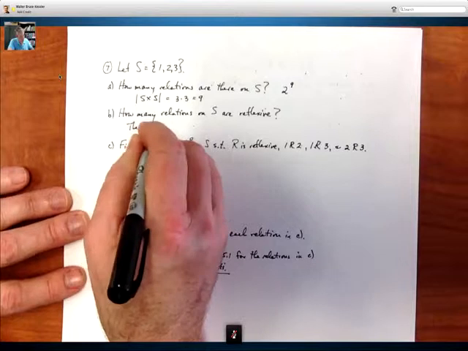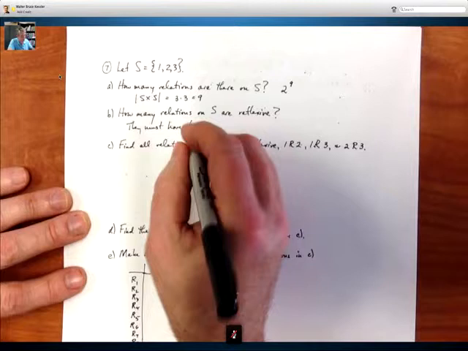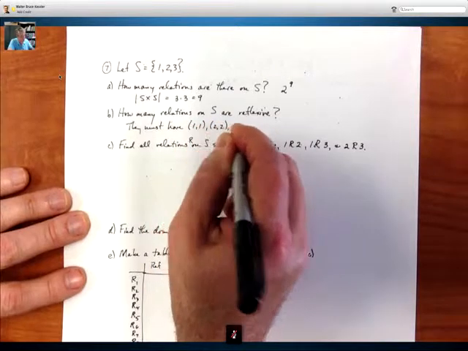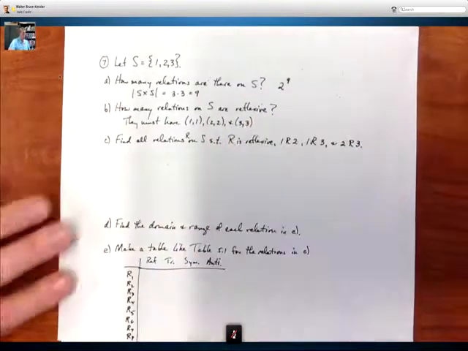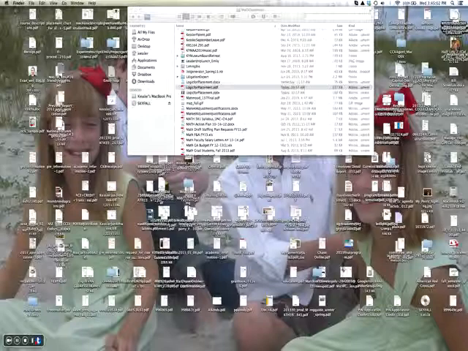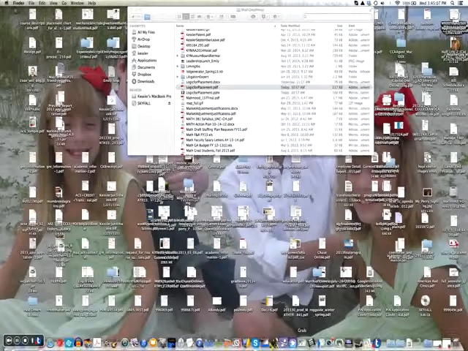Well, they must have certain ordered pairs, right? In this case, they've got to have 1,1; 2,2; and 3,3.